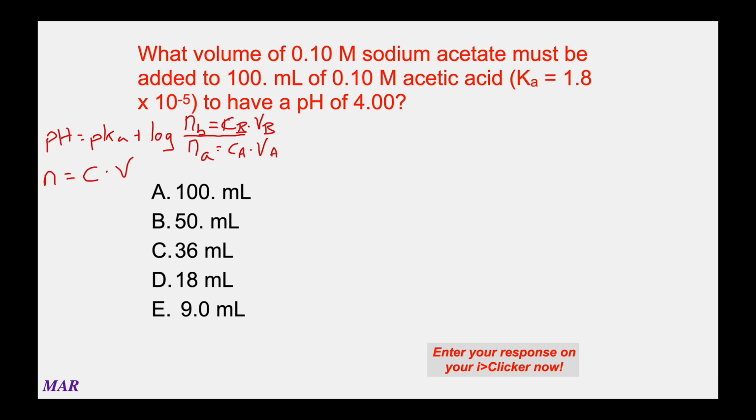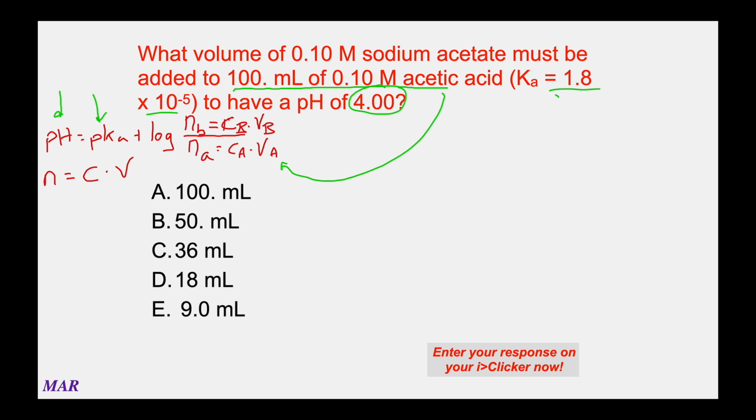Now if you look at this question, I'm going to use different colors. You have the pH 4.00, and that's what goes right there. You can turn 1.8 times 10 to the minus 5 into pKa by taking minus log of that number. Volume times concentration of acetic acid, that's this part right there.